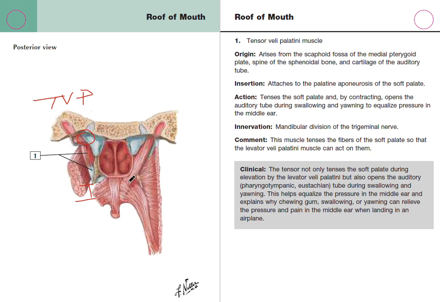The TVP tenses the soft palate, as the name implies, and by contracting, opens the auditory tube during swallowing and yawning to equalize pressure in the middle ear. So it opens up the auditory tube, also known as the Eustachian tube.